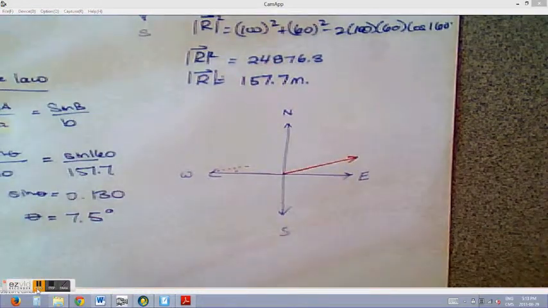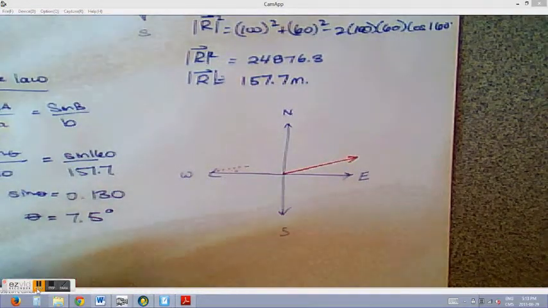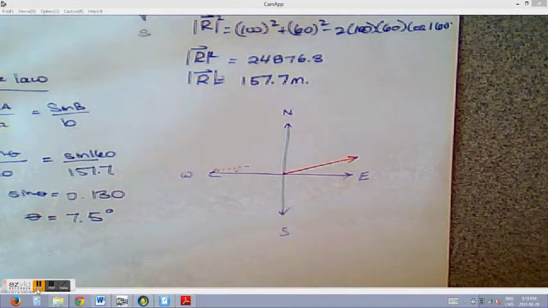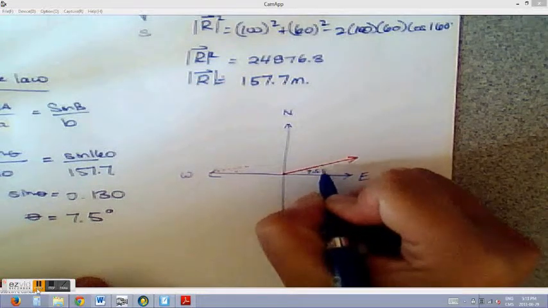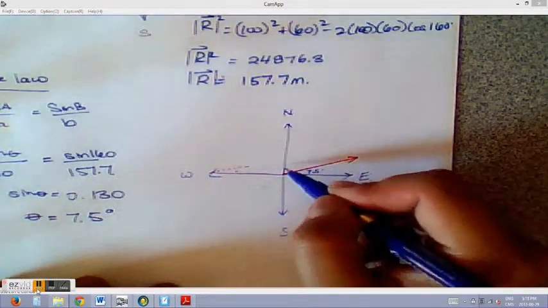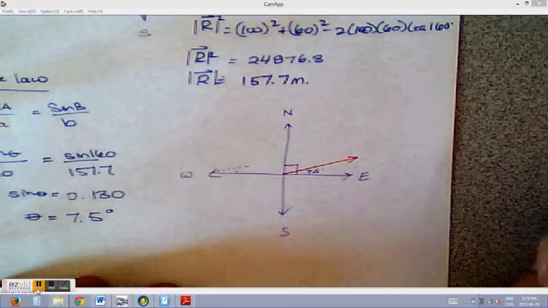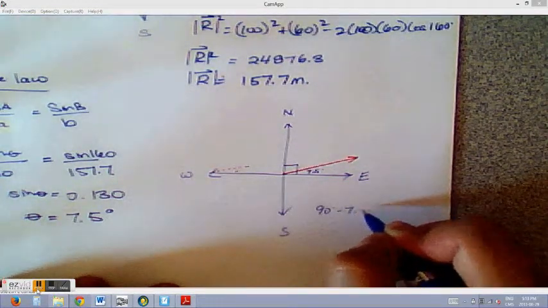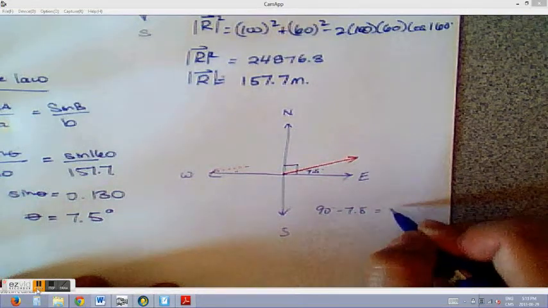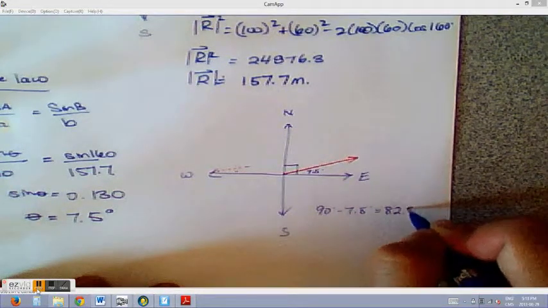All I did was move it. I didn't change anything else, not its size, its orientation. So this was 7.5 degrees, and this entire angle here is 90 degrees. So 90 degrees minus 7.5 degrees gives us 82.5 degrees.